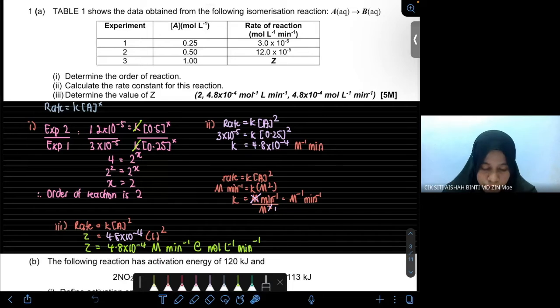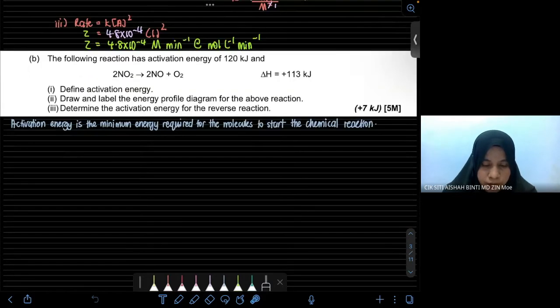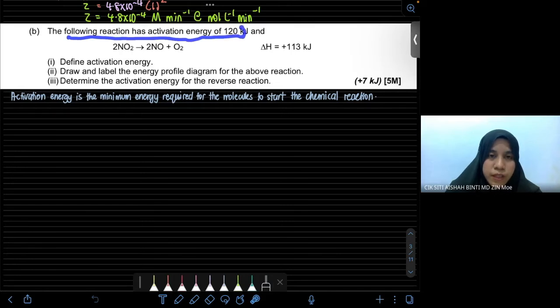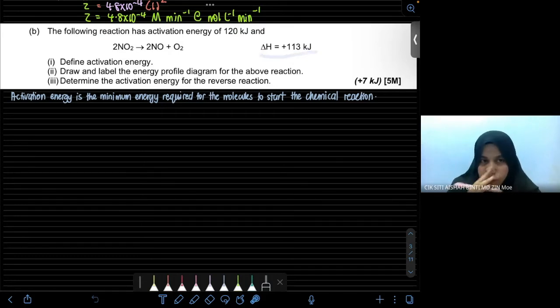Next question, what we're going to look at is question B. Here it mentions that the following reaction has an activation energy of 120 kilojoule and delta H is equal to 113 kilojoule. First of all, they ask you to define activation energy.